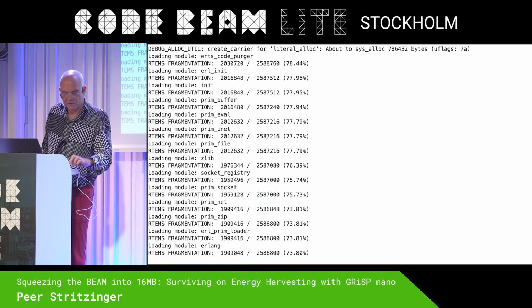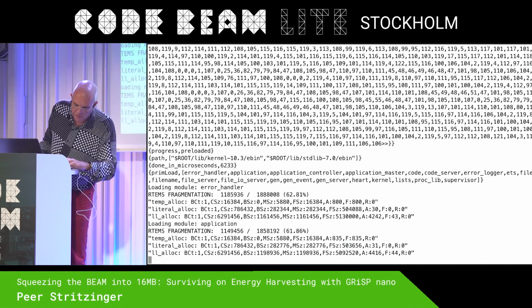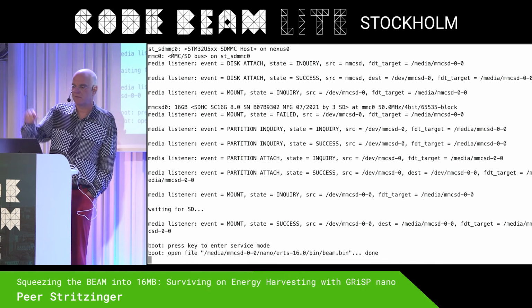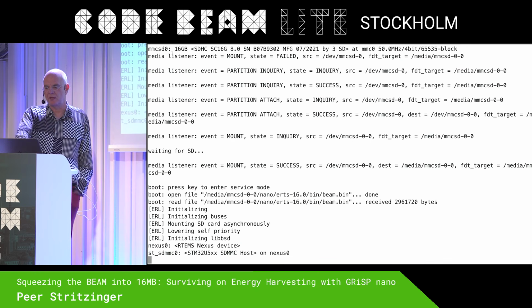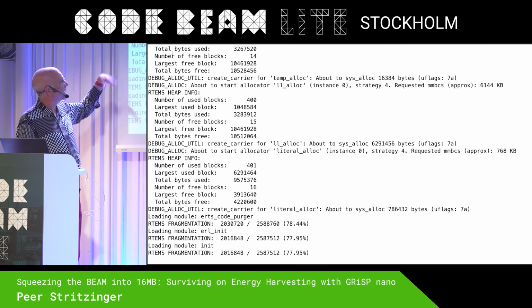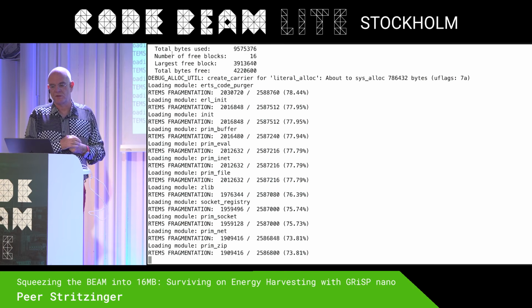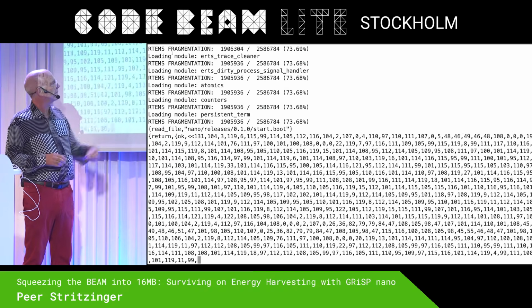So, let's push the reset button so you can actually watch the whole thing. Where is it? There. Okay. That's the Nano bootloader. Now it boots beam.bin. You see that coming up. There's a lot of stuff scrolling away because we have all this debug output, like we print what the allocators do. You see the fragmentation of the RTEMS allocator all the time.